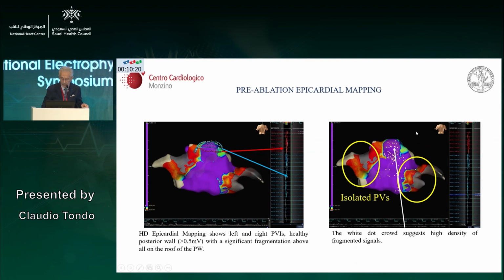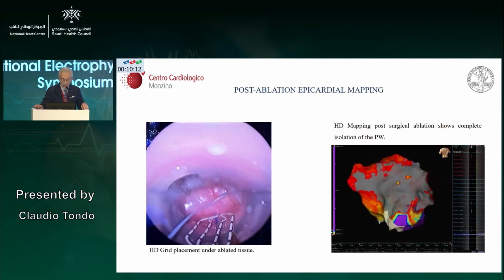And we found in this specific case a crowd of fragmented potentials, and then the surgeon goes over there and can isolate the posterior wall.